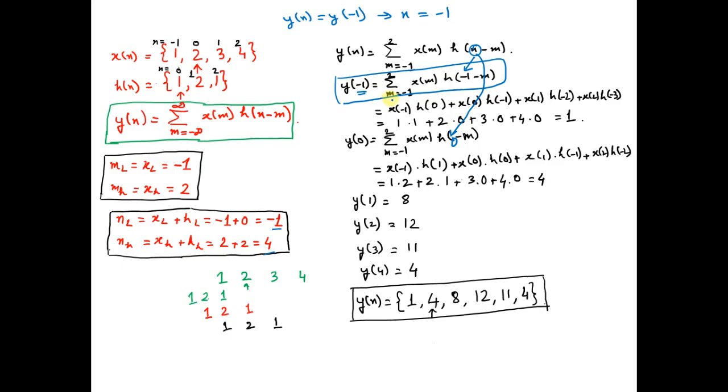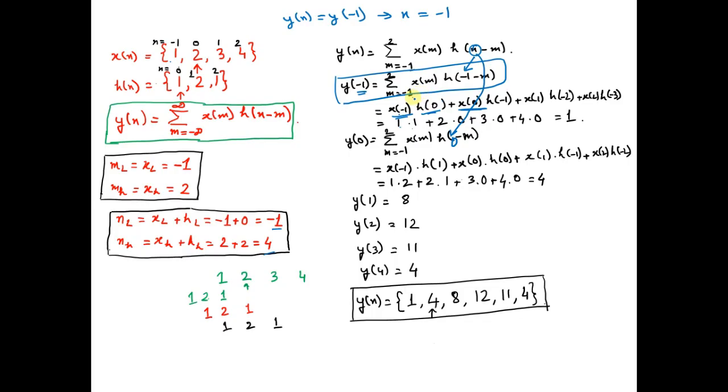X of m is -1, x of -1 multiplied by h of 0. So what is x of -1? You check, x of -1 is 1 multiplied by h of 0. H of 0 is 1, plus the second component x of 0, because the m value is changing. You took -1, now it is 0, multiplied by h of -1, because m equals 0 in the second case.